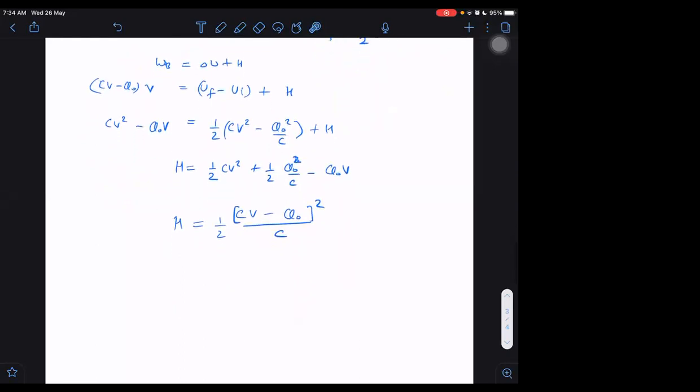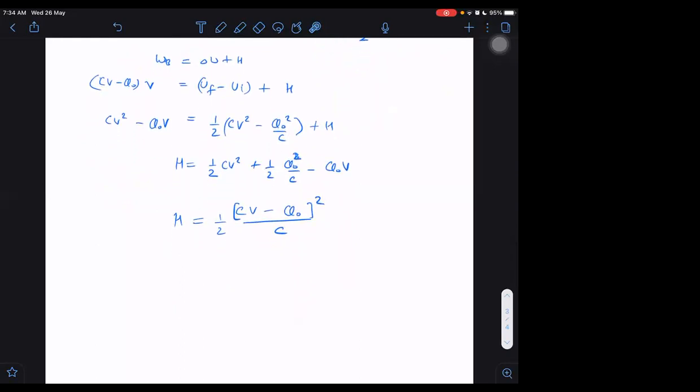Heat energy dissipated is 50% of the work done by the battery. Can we say that? Work done by the battery is (CV minus Q naught) into V. So it is coming out that 50% of that is dissipated as heat energy. Means I could write heat equals work done by battery divided by 2.